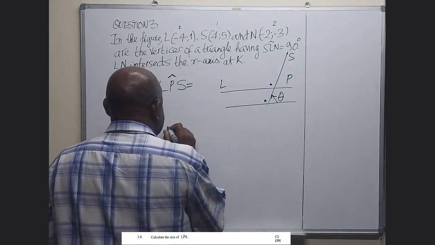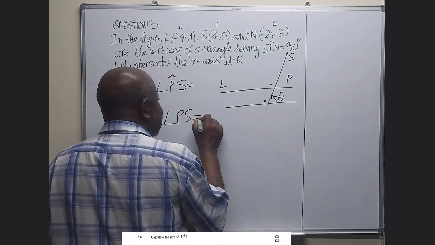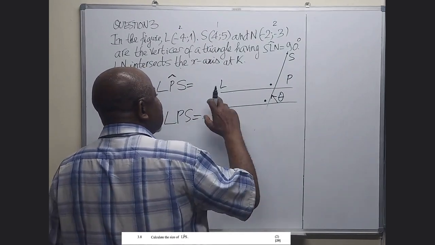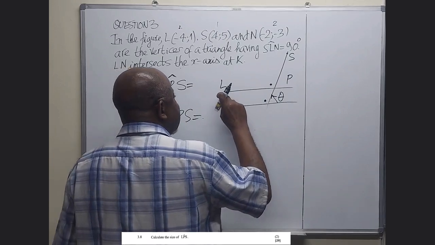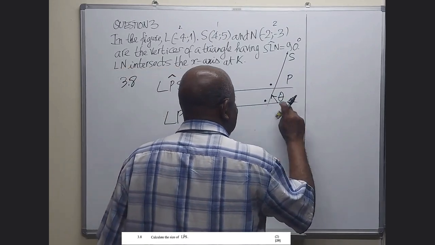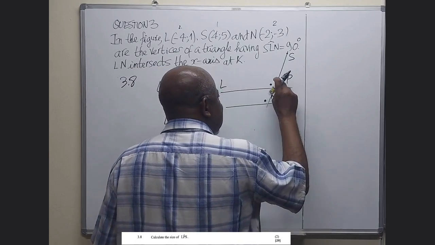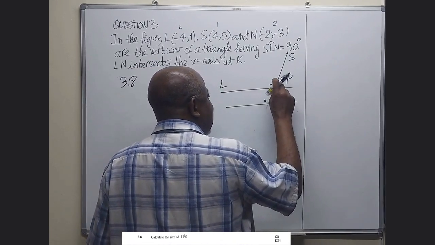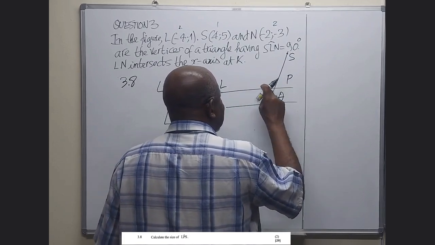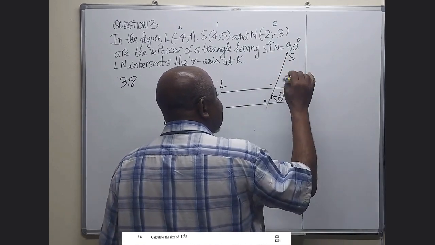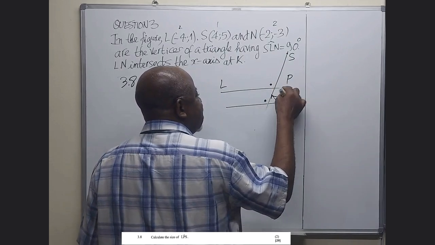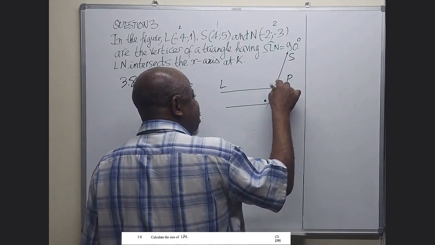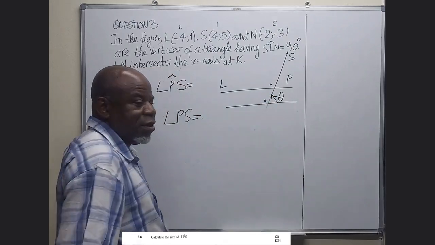We will say that LPS will be equal to, when we consider the line LP, which is parallel to the x-axis, this angle here also going to be theta. So if we want to get this angle LPS, we take 180 minus this theta here, then we get this angle.